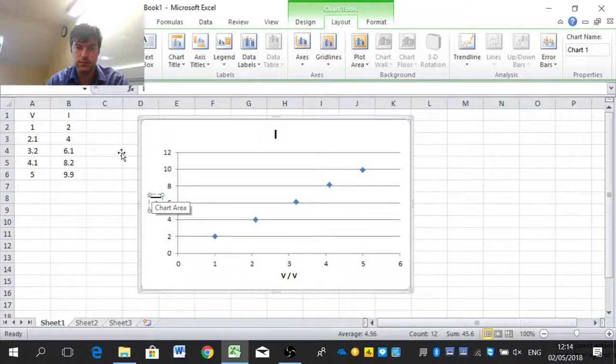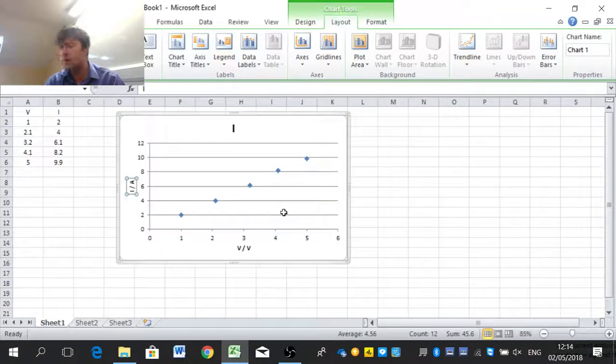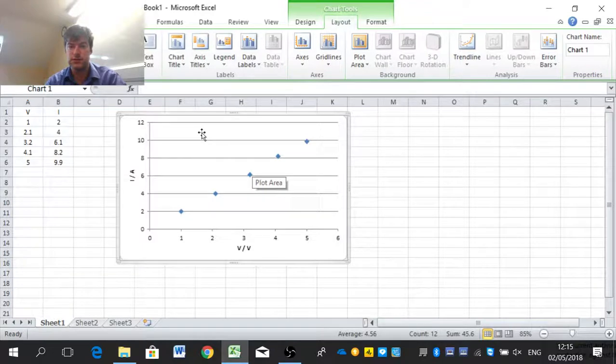I, in amps. Oh, that looks horrible. I need to rotate it. Rotated title. Yeah, that's better. Okay, and there's two more things missing. Well, the title is very bad. What should I call the title of this graph?